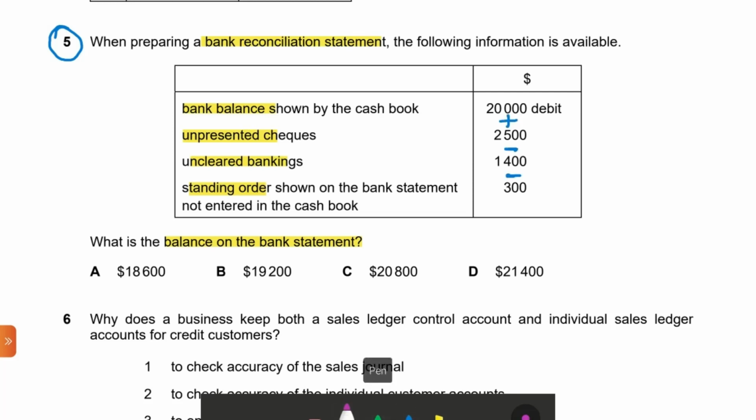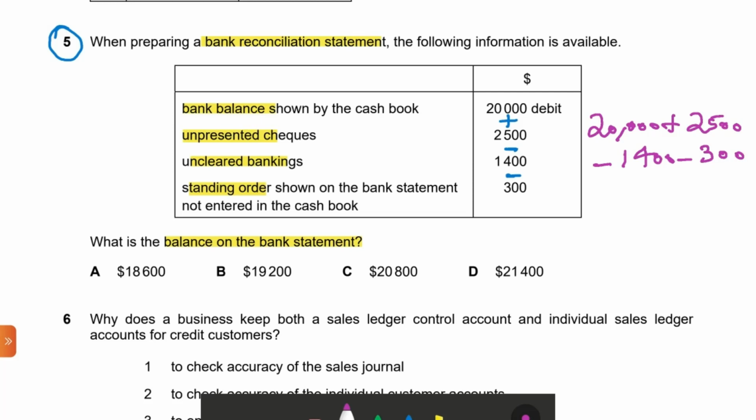So the correct answer is 20,000 plus 2,500 minus 1,400 minus 300.